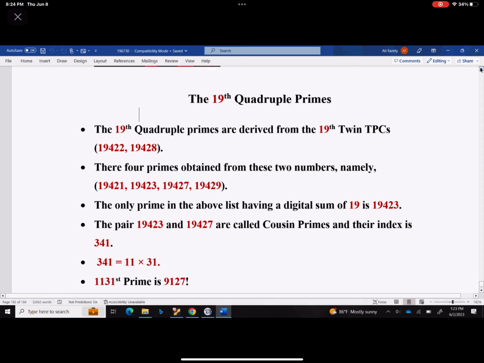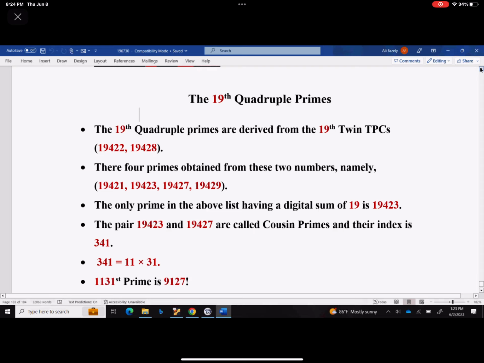So to find the quadruple primes accompanying these two TPCs, all I have to do is add 1 and subtract 1. Subtracting 1 from 19,422 gives 19,421, and adding 1 gives 19,423. And for the other, I get 19,427 and 19,429.